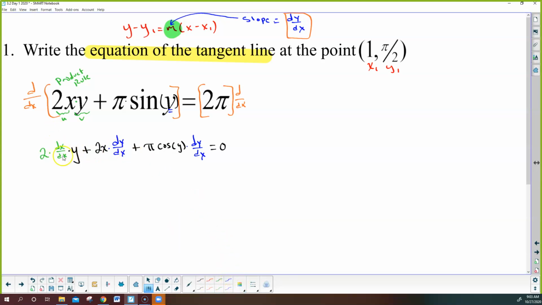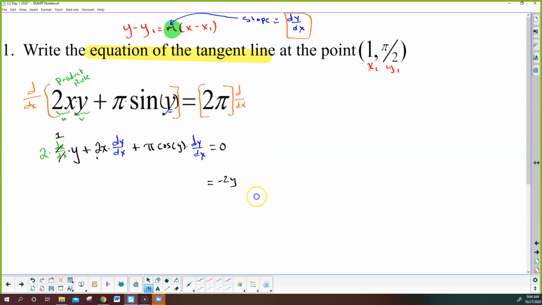All right, now the only spot that's going to reduce out, dx over dx is equal to 1. Well, now notice, look at the 3 pieces to this equation. I've got 2 times 1 times y, so this 2y is the only piece that doesn't have a dy dx, so it's going to move over. I'm going to subtract 2y over to this side. This part comes over.